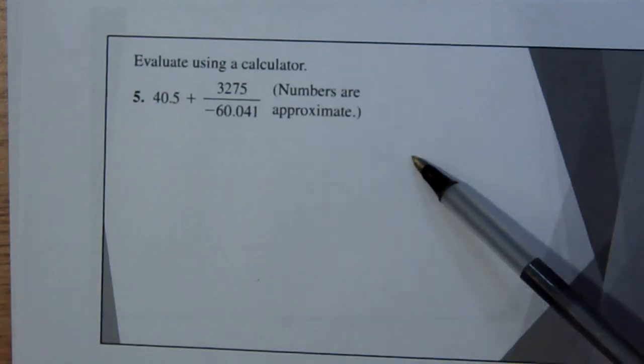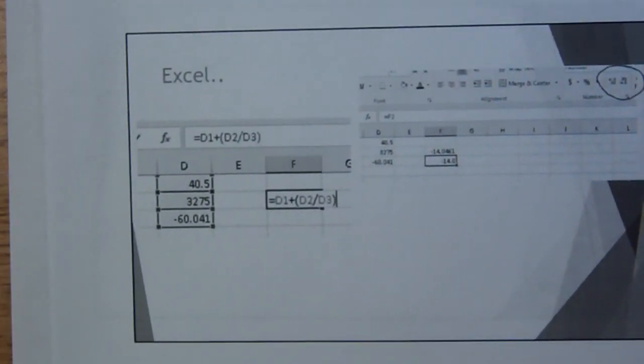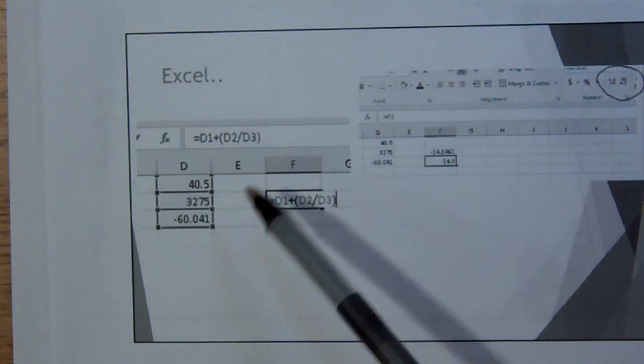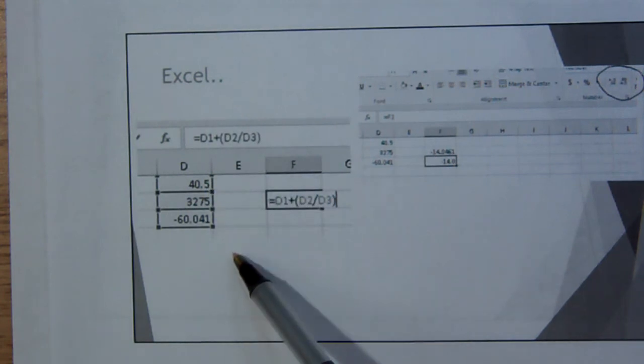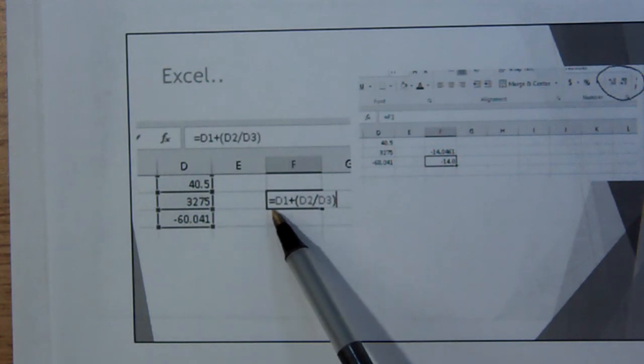Now let's look at the calculation with Excel. On the left-hand side, you see I put our numbers in, and I am using a formula. When I use a formula in Excel, I will type an equal sign. That's always required.